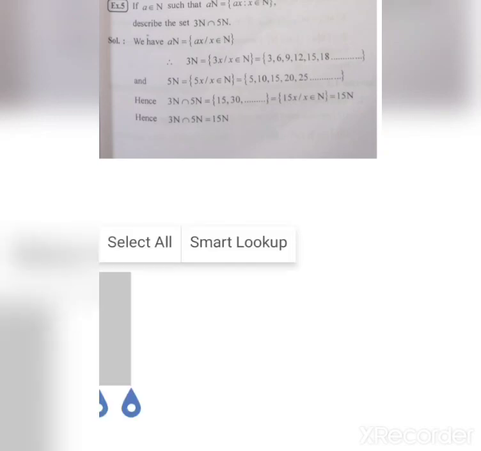Next example, that is simple. If A belongs to N such that An is equal to {ax : x belongs to N}, describe the set 3N intersection 5N. Here A is the set of natural numbers, and these numbers are multiplied by A. We get this type of multiples of natural numbers.